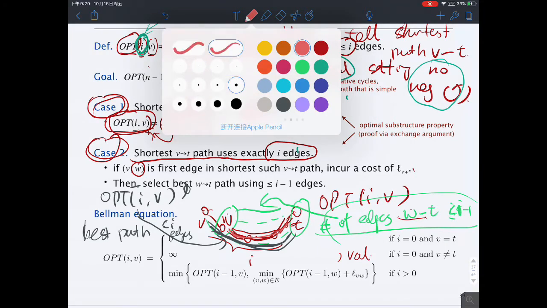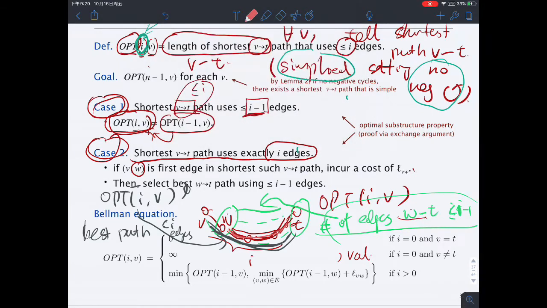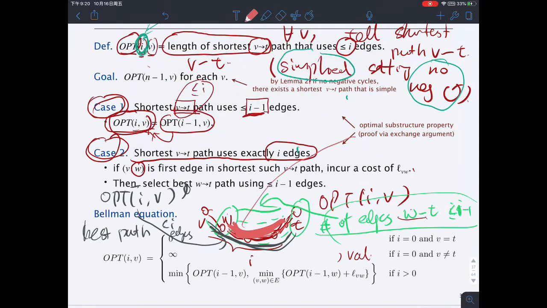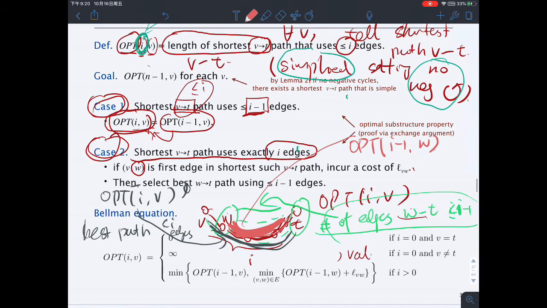If I cut off and look at this path, it is also going to be optimal, in the sense that this path is opt i minus 1 of w. So if I give w i minus 1 edges and then I want to reach t, the optimal solution really has to use the same subpath as the optimal solution between v and t.